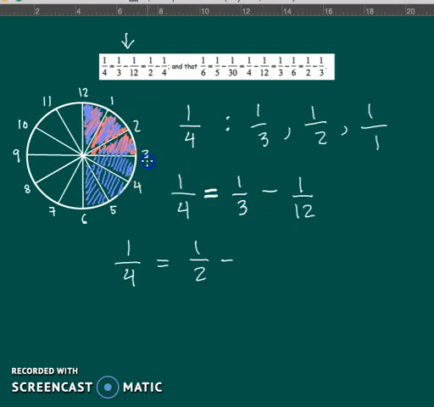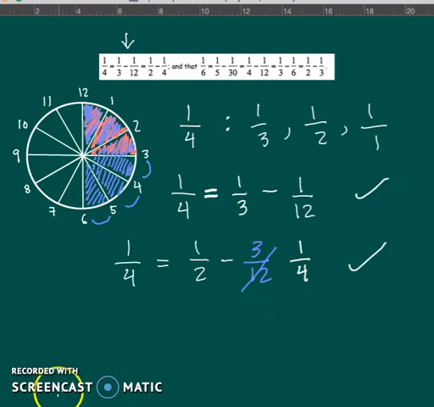Well, here they are: 1, 2, 3. 3 of the 12 slices, 3/12, which we also know can be represented as 1/4. Okay, so for 1/4, I found two different ways to represent it using two other unit fractions.